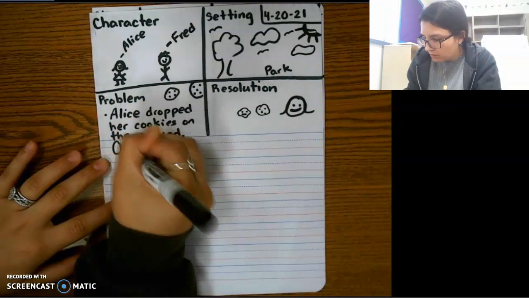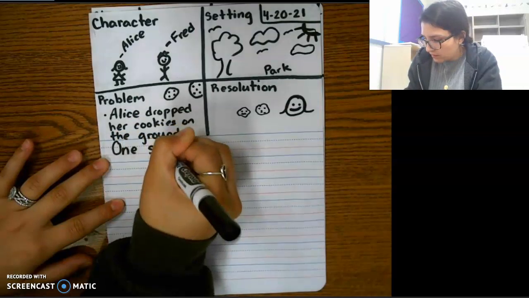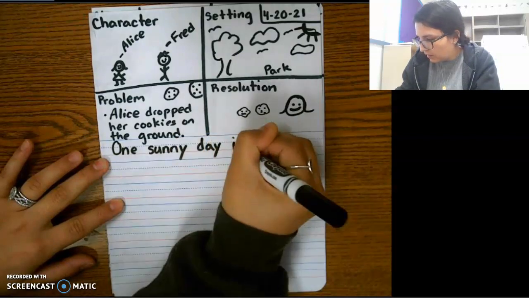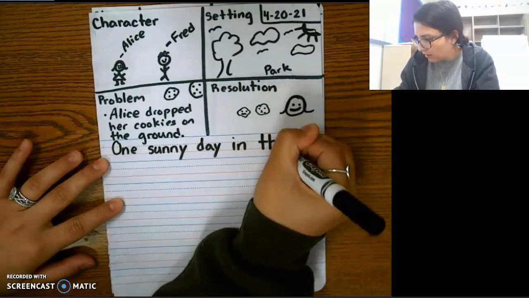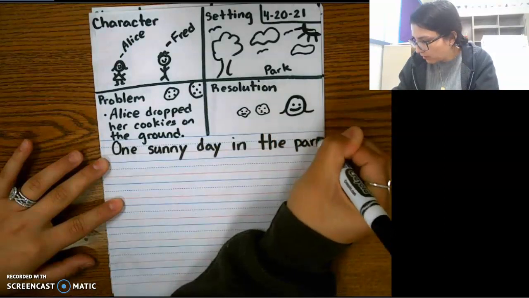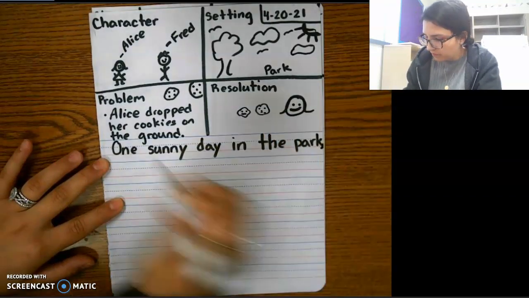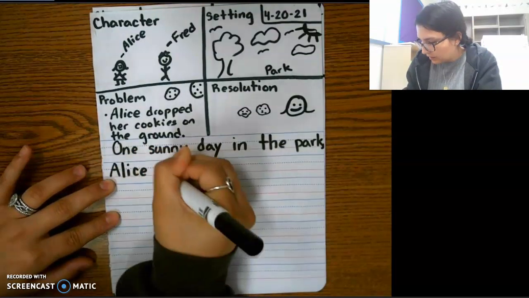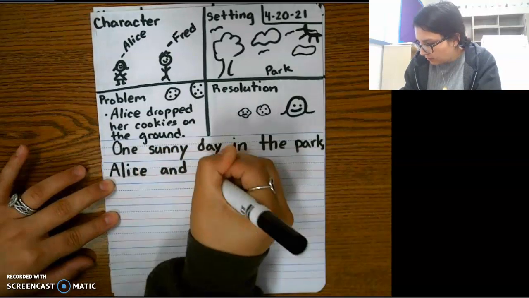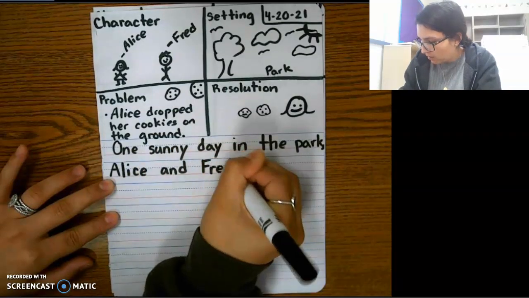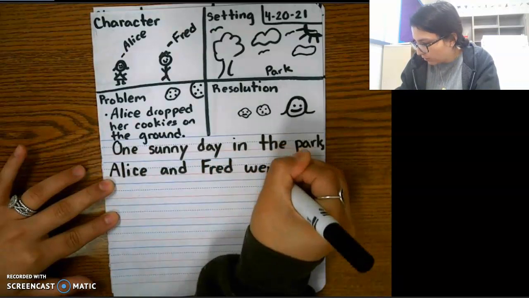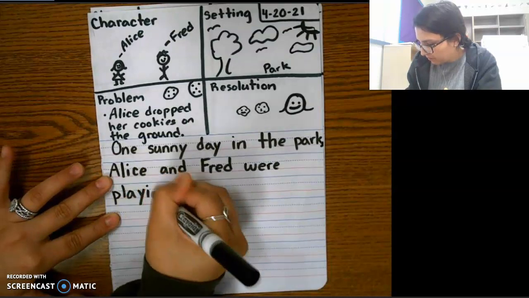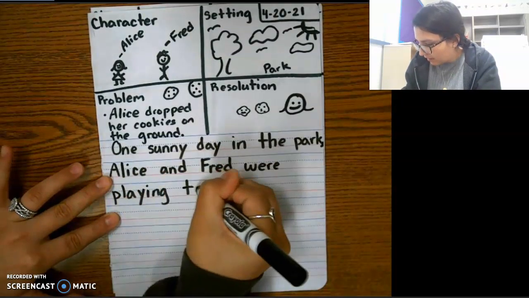One sunny day in the park, comma, Alice and Fred were playing tag.